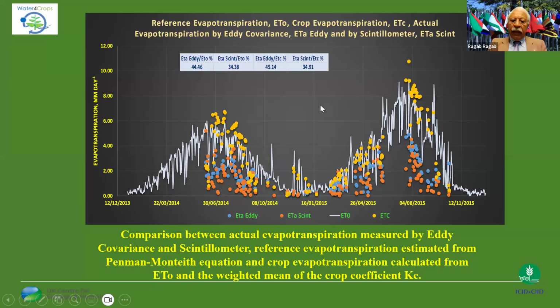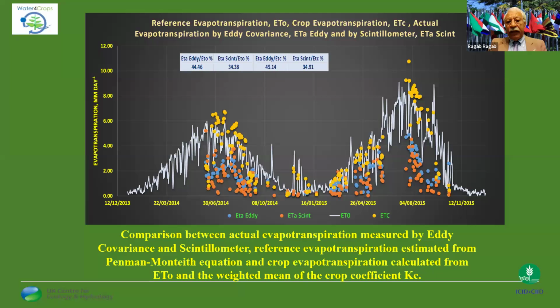If we make a ratio of the total evapotranspiration of the season, then we can see per season the ETa obtained by Eddy Covariance compared to the ETc is about 44%, and the ETa obtained by scintillometer about 35% of the ETc.